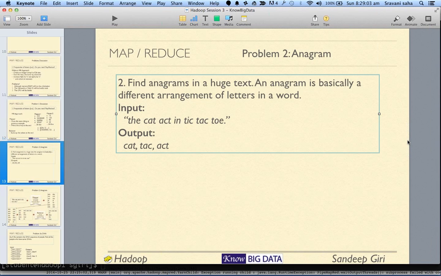What is that key? How should we create some sort of symbol which should be the same for cat, tech and act? All of them have the same length, same characters.